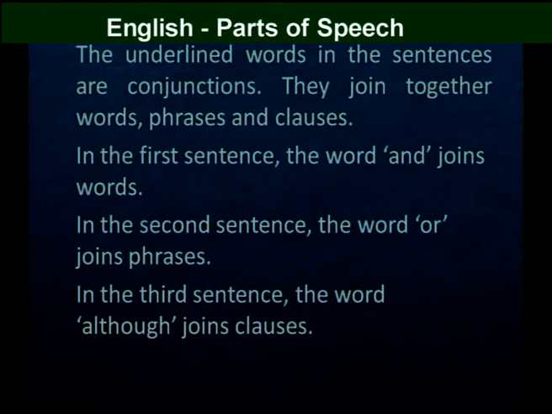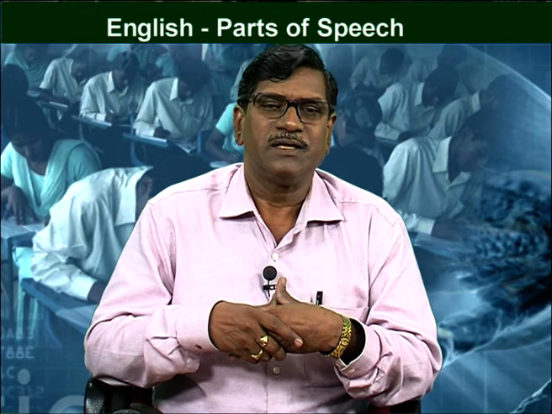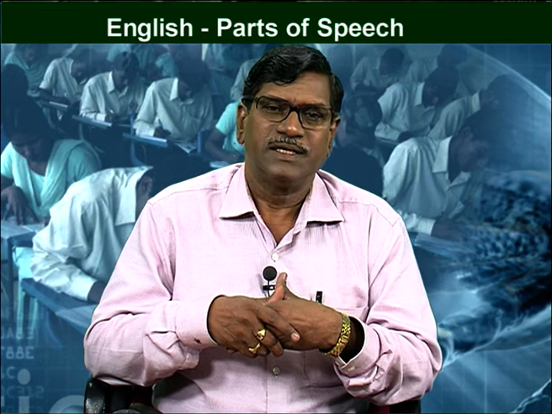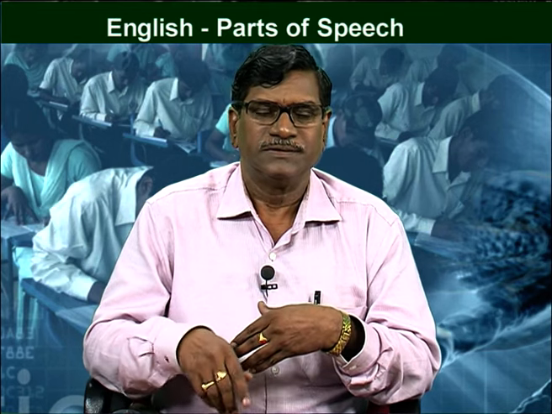So, that is why we can say that a conjunction is a word which is used to join together words, phrases or clauses. So, after conjunction, we move on to the last variety of the words, that is interjections.